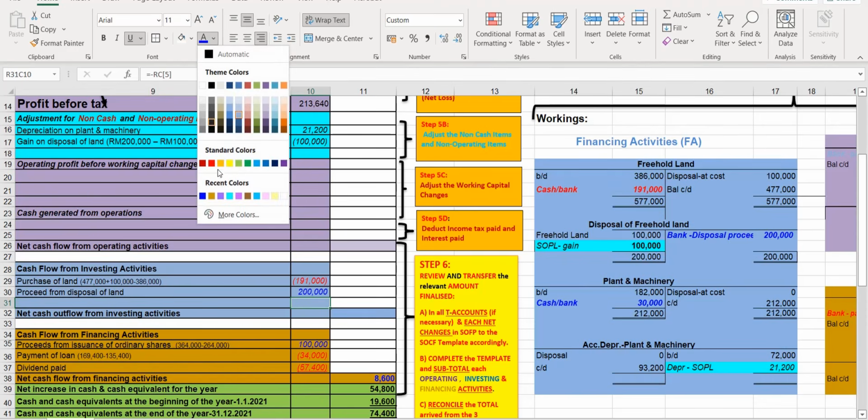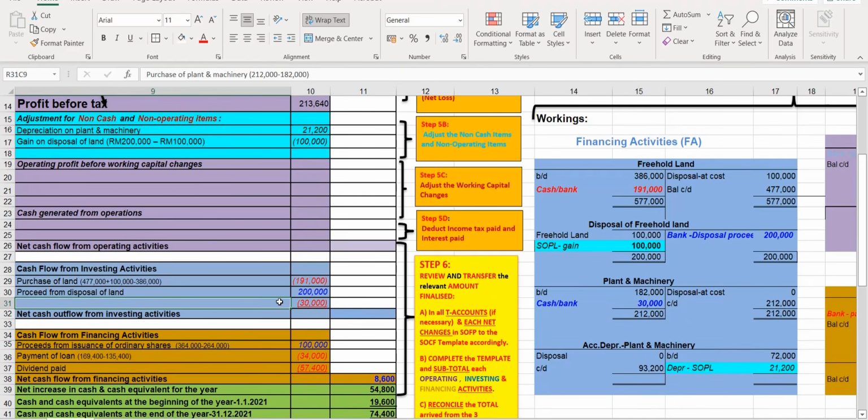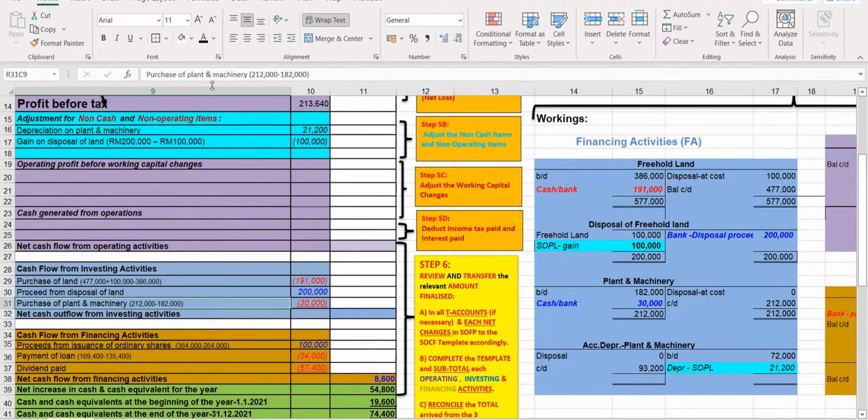This will be written under investing activities as purchase of plant and machinery. You can also put those little workings here, so that in case you don't have the time to settle your T accounts, you can do the workings here.